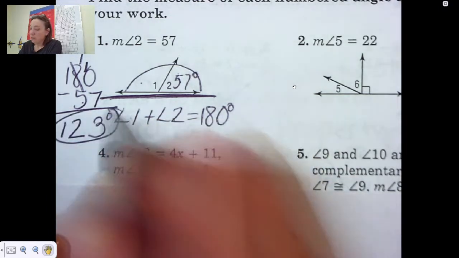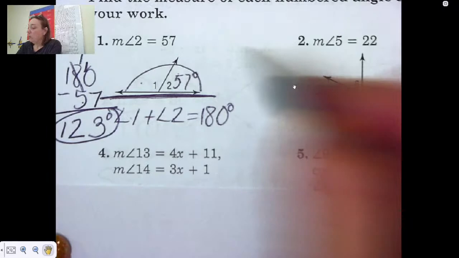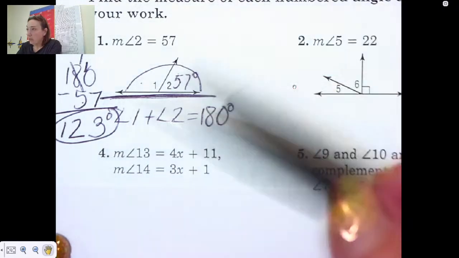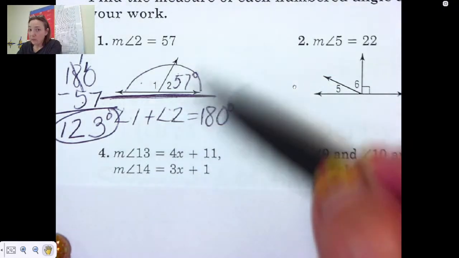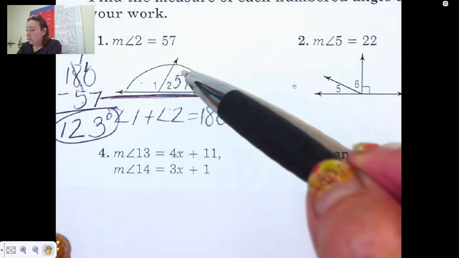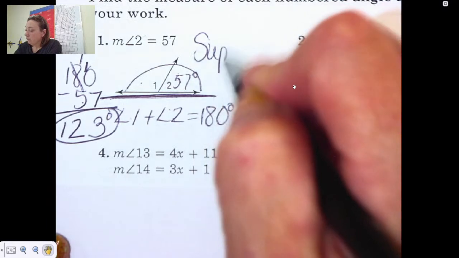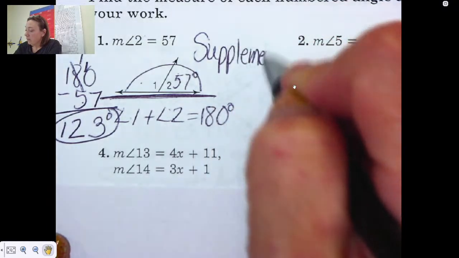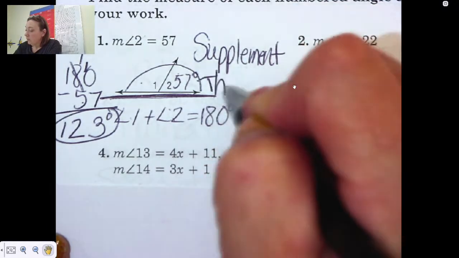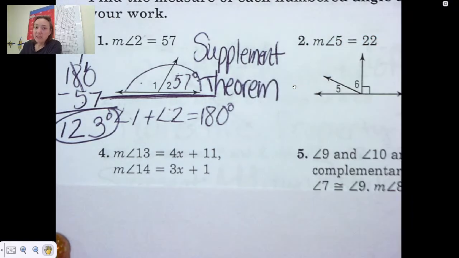So 123 is our answer. Now we need to supply our reason. How do we know that we can do this? It's one of the ones we just talked about. Supplement theorem. That's how we know. That's our reason. Okay?